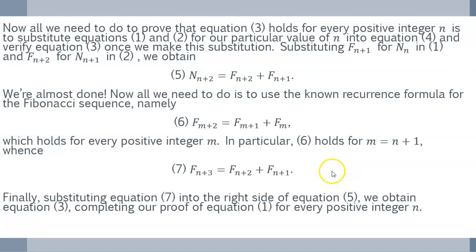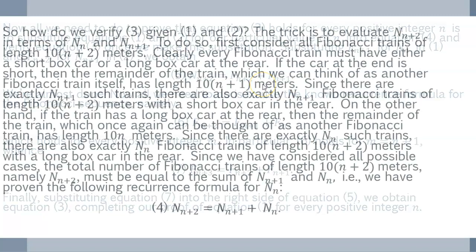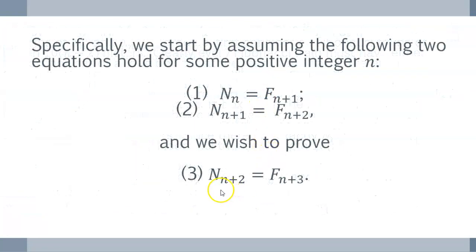In particular, we can substitute n plus 1 for m. That gives us this equation: F sub n plus 3 is F sub n plus 2 plus F sub n plus 1. That's nice because we have F sub n plus 2 plus F sub n plus 1 up here. That means the right side of this equation is really F sub n plus 3, but that is exactly what we were trying to prove.